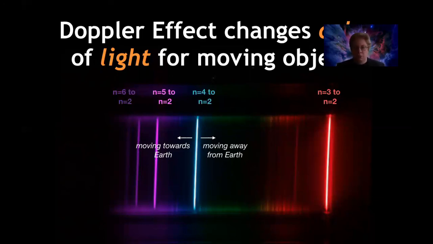In particular, maybe this n equals 4 to n equals 2 line will become slightly redder if we see it in a source that's moving away from Earth. And if it's moving towards us, we'll see it get slightly bluer and show up at a slightly smaller wavelength. So this is how we can measure speeds of things moving towards or away from us. We look at their spectrum and we try to see if these lines, these fingerprints, are shifting slightly back and forth.